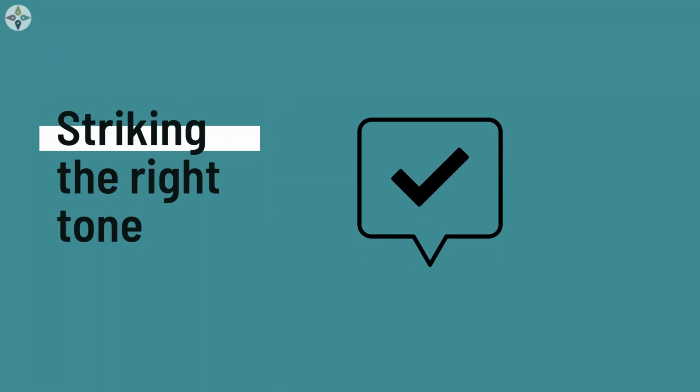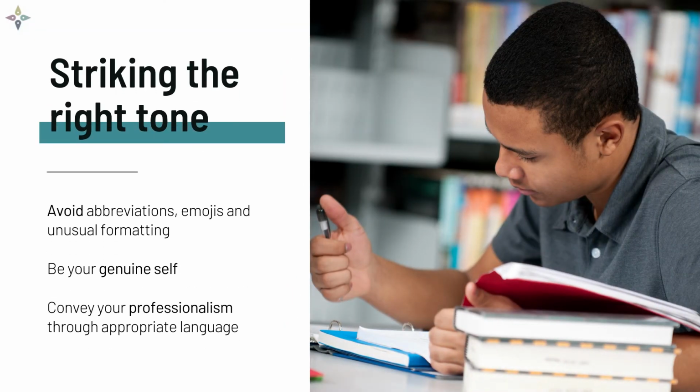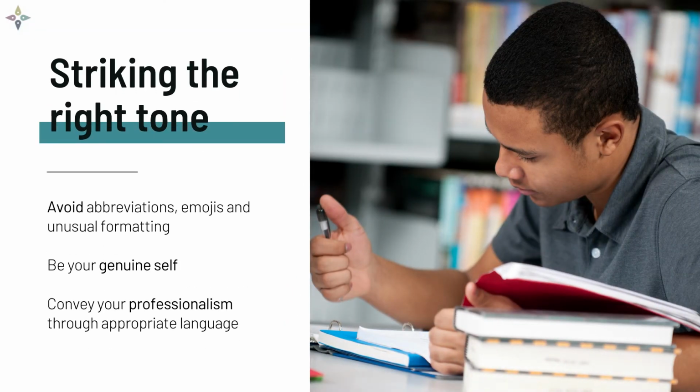Striking the right tone. Striking the right tone in your application is important. The use of abbreviations, emojis, and unusual formatting do not convey professionalism and therefore do not strike the right tone for an application to the programme. It's important to try to convey your personality, and one of the best ways to do this is by being genuine.